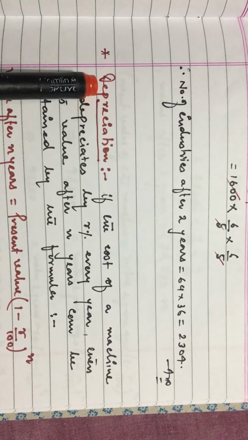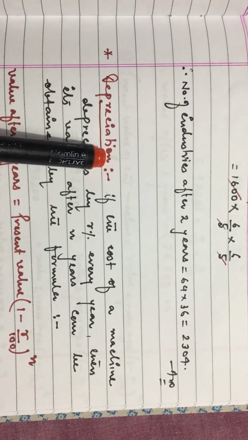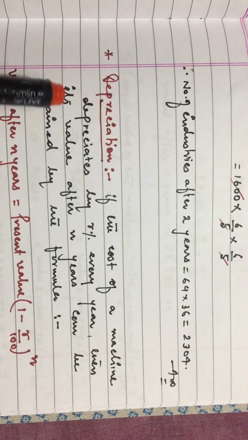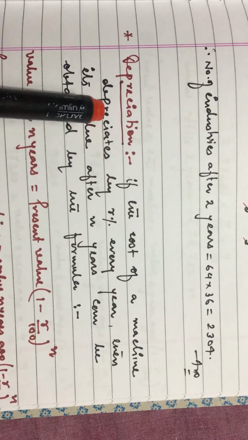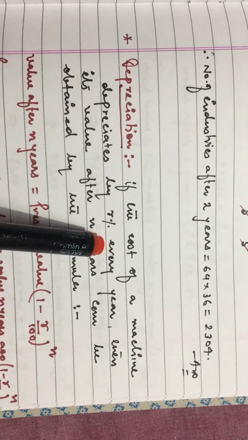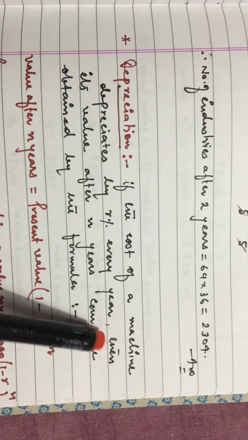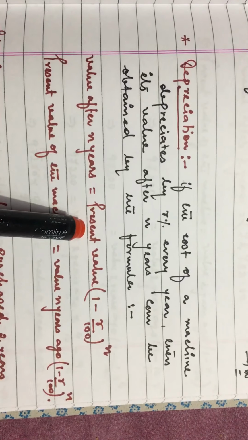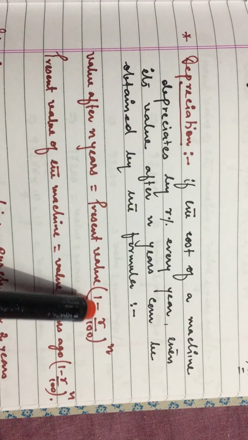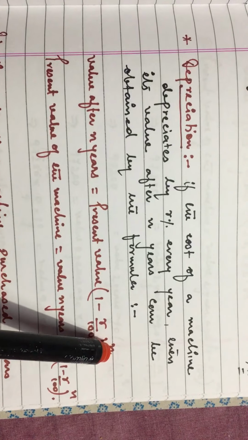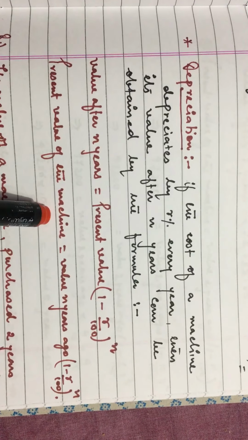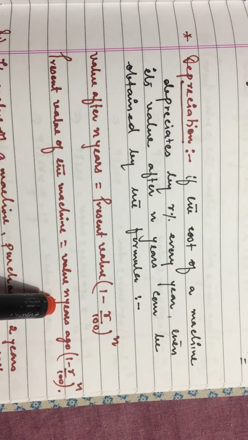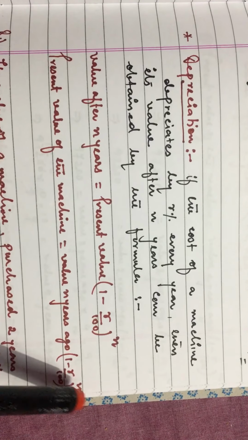Now see, in case of depreciation, it means decreasing. If the cost of a machine depreciates by r% every year, then the value after n years can be obtained by the formula: value after n years is equal to present value into (1 minus rate by 100) to the whole power n, and the present value of the machine, value n years ago, (1 minus r by 100) to the power n.